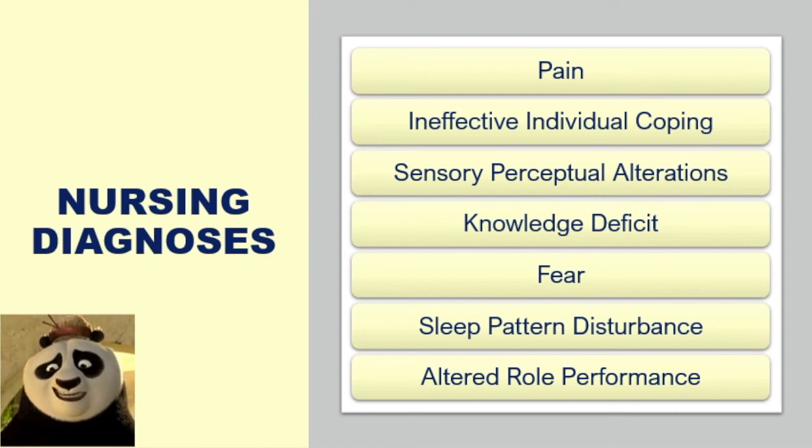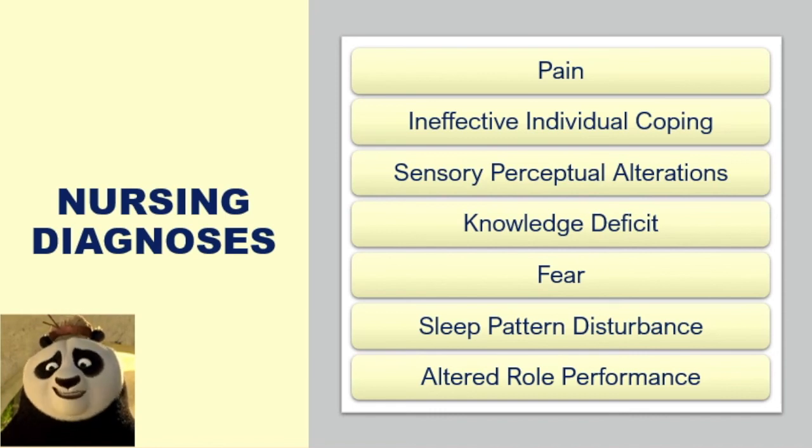Other than that, we also have deficient knowledge. You also have fear, sleep pattern disturbance, and altered role performance. Class, the last three, fear, sleep pattern disturbance, and altered role performance, are all related to the direct pain experienced by the patient, leading towards sleep pattern disturbance and altered role performance.